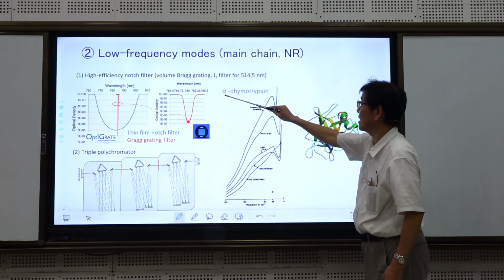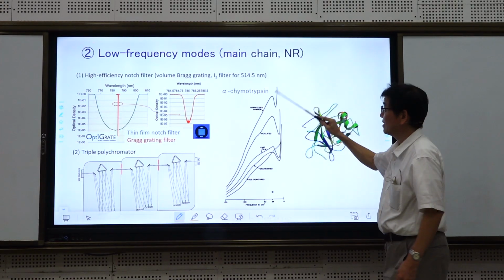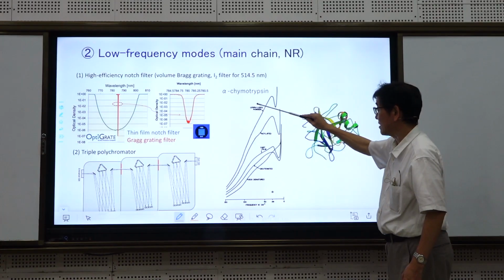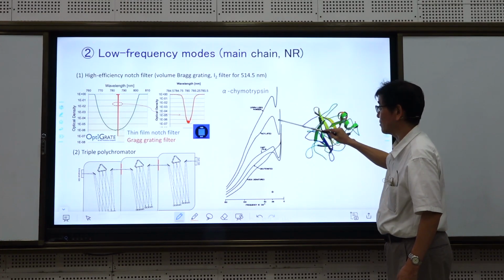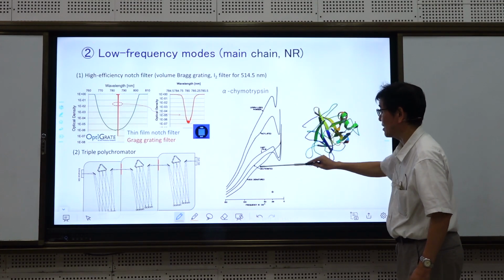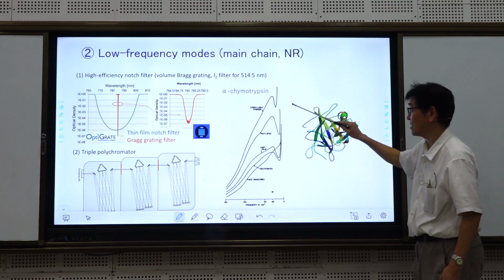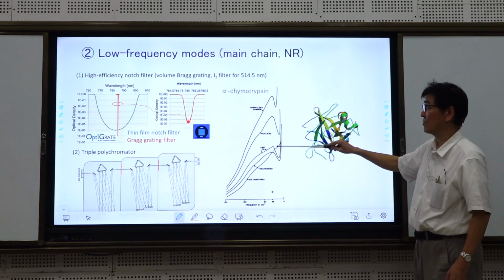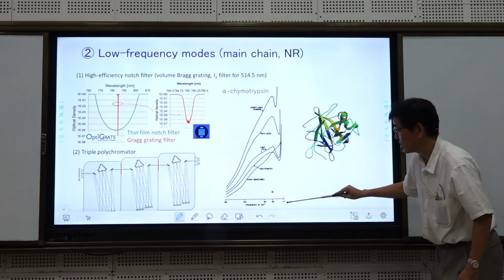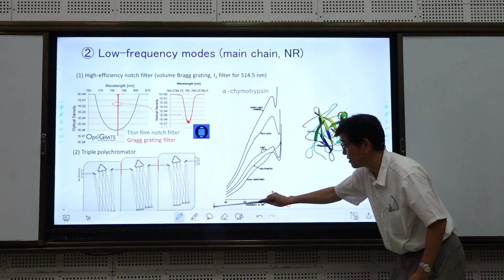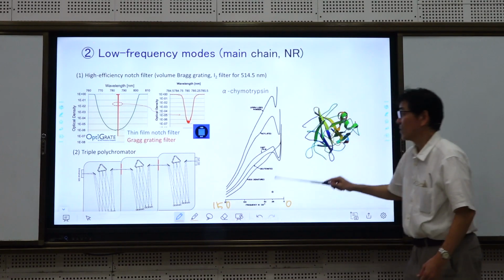And this is an example of alpha chymotrypsin in lyophilized powder, acrylated or just film, or denatured or SDS denatured, depending on the condition. For the low frequency mode, this is 0 wave number, this is 150 wave numbers.